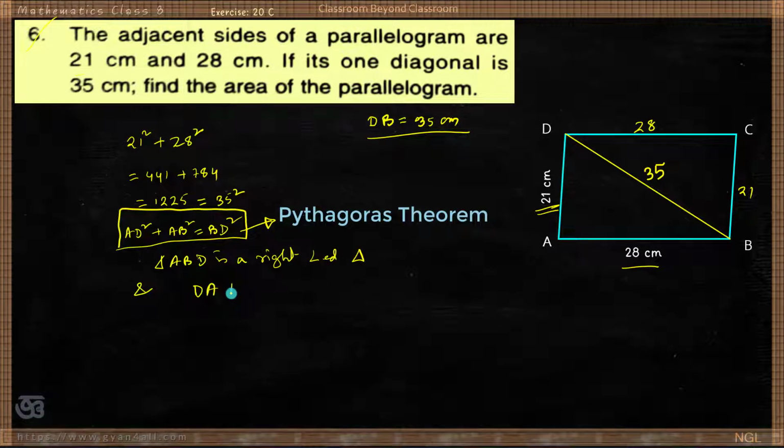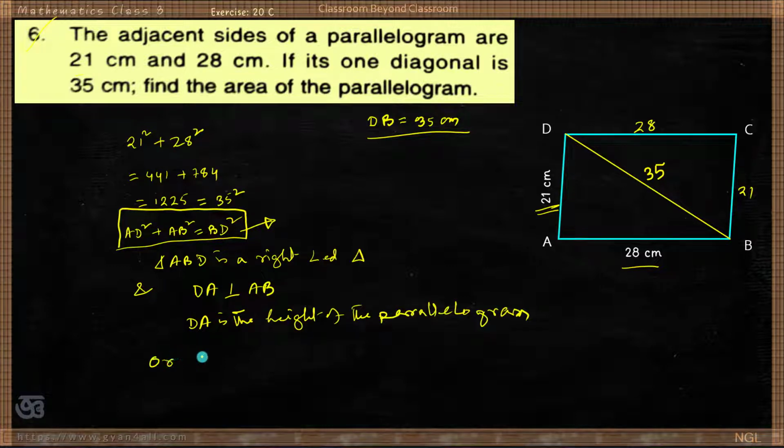DA is perpendicular to AB. So DA is the height of the parallelogram, or you can say ABCD is a rectangle. Therefore, area ABCD, if we take it as a rectangle, then that is equal to base into height.